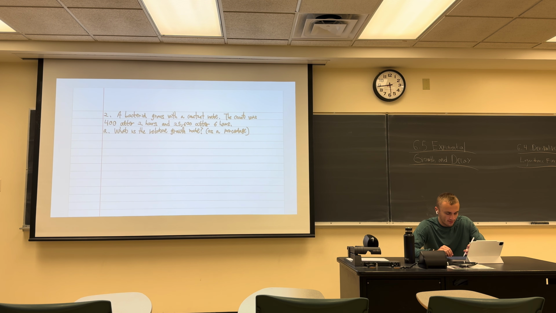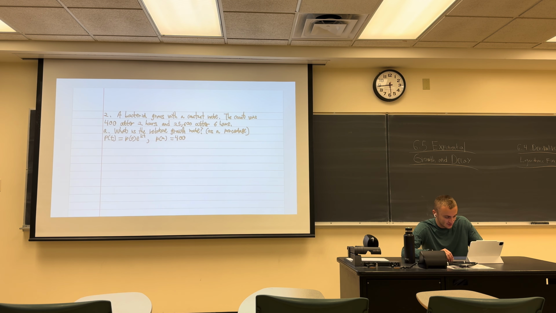Well, we remember we're talking about a population again, so I think P of t will work good again for a general formula, e to the kt, that's what we discussed before. And we know P of 2 equals 400.